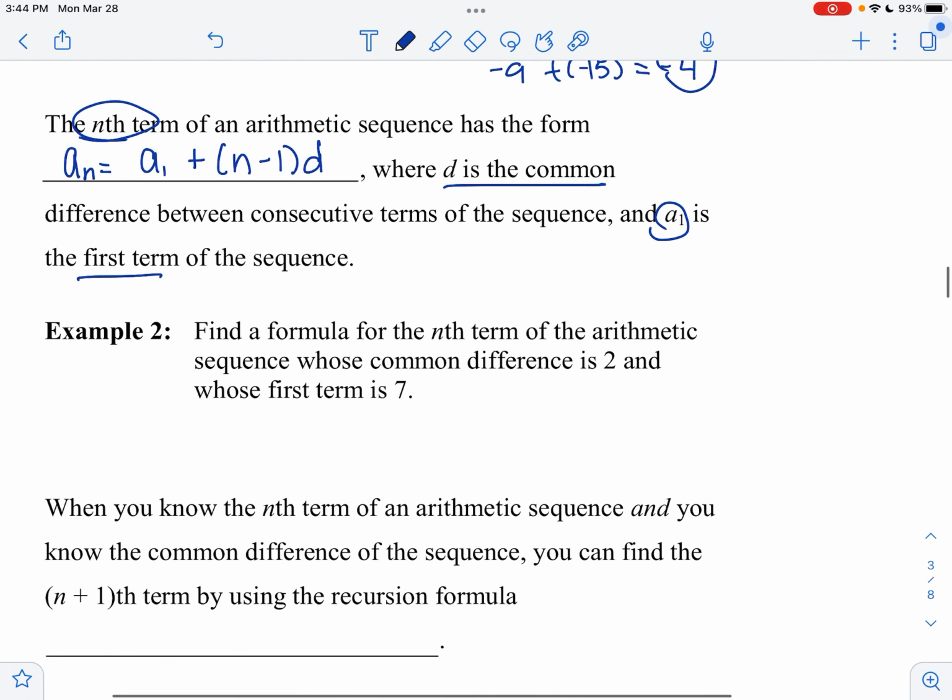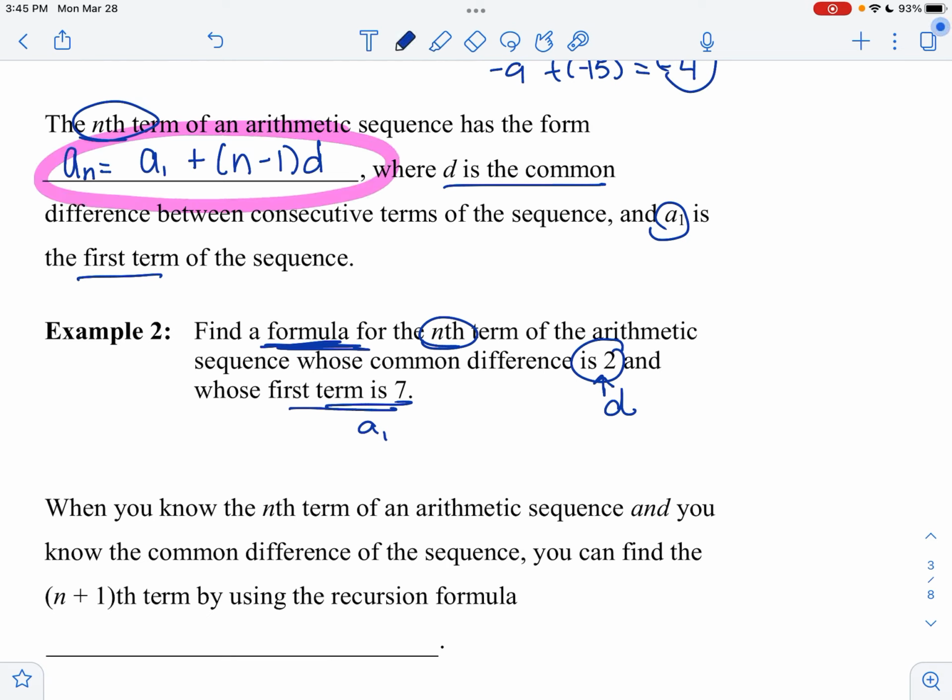So let's find a formula for the nth term of the arithmetic sequence whose common difference is 2, so d is 2, and the first term, or a1, is 7. Remember, we're going to use the formula up here: the nth term equals the first term, a1 is 7, plus n minus 1, we don't know what n is, times d, which is 2.